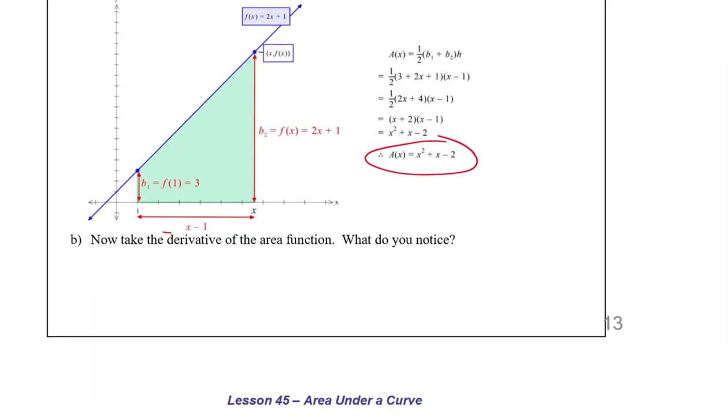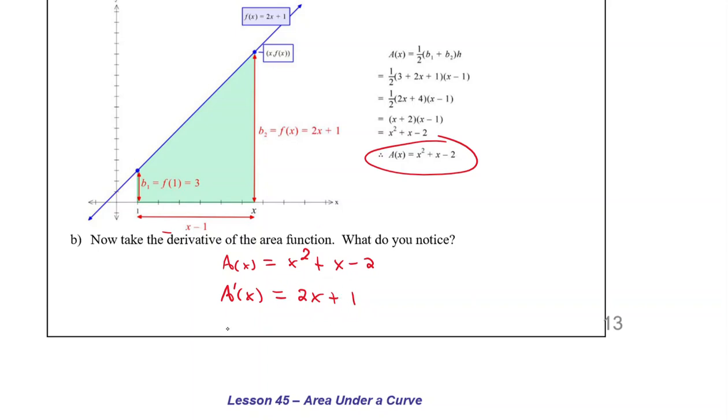Now, if we take the derivative of that, a prime of x, we get just 2x plus 1. All right, so this just is our original function f of x, right?